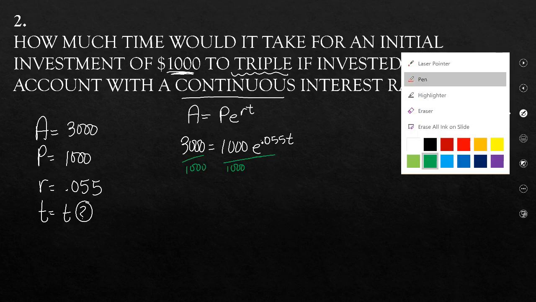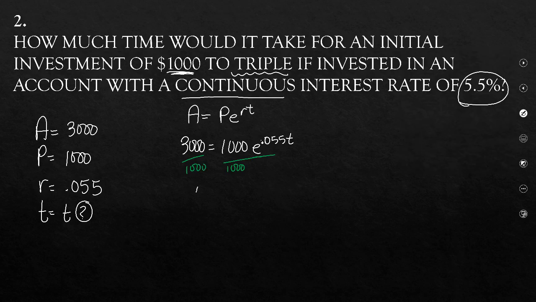That will give us 3 equaling e to the power of 0.055t. Now we get to undo the base e. The natural log and e completely undo each other. Again, it's like adding, subtracting, multiplying, and dividing. So I'm going to take the natural log of both sides of the equation, which leaves us with the natural log of 3 equaling the exponent.